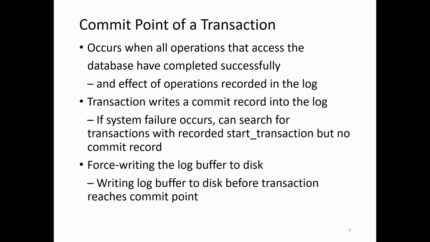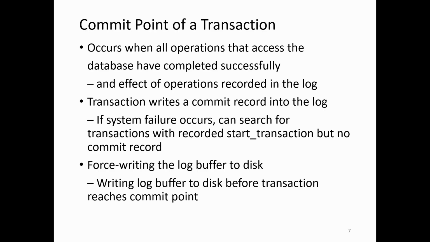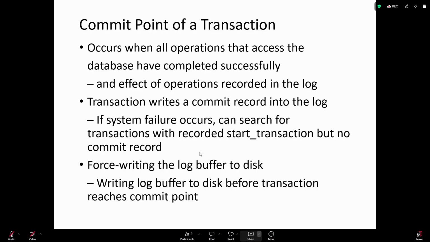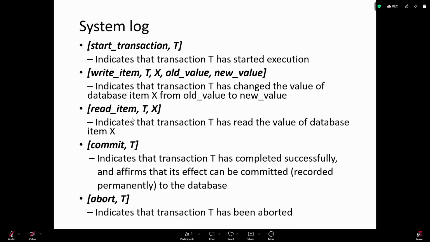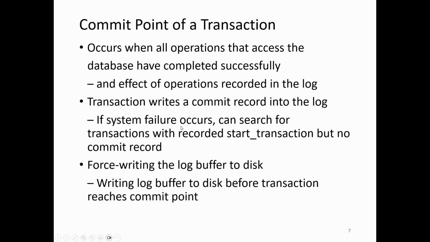However, if a system failure occurs due to a particular transaction failing, we can search for the transaction that caused the failure by identifying the transaction with no commit record, but which already has a start transaction entry, that is, start transaction T. So we can find whether a particular transaction failed by using this system log, because there is a start transaction entry, but there is no commit.